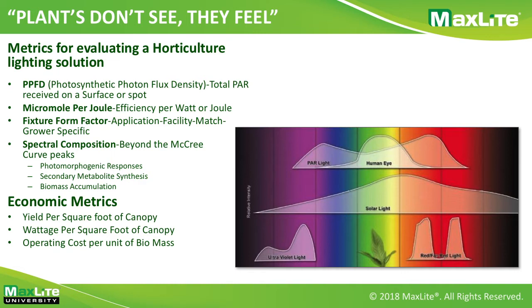And then lastly, probably one of the most important metrics is how our spectrum and intensity of light can drive the most biomass possible, which is typically the number one metric that growers are seeking. When we do all this, we also have to make sure it makes economic sense. So we'll also look at various economic metrics to make sure that we can not only provide the result they're looking for, but do it in an economic manner.